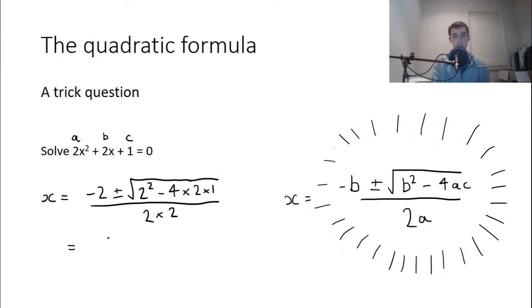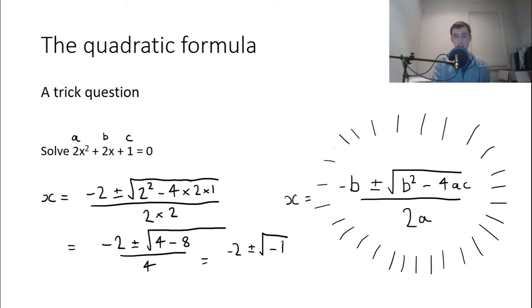Next step. Sure, you're thinking this is fine. We'll see. Maybe you've spotted the problem with this. Plus or minus, well, 2 squared is 4, but 4 minus 8 over 4. And that's equal to minus 2 plus or minus the square root of negative 4 over 4.